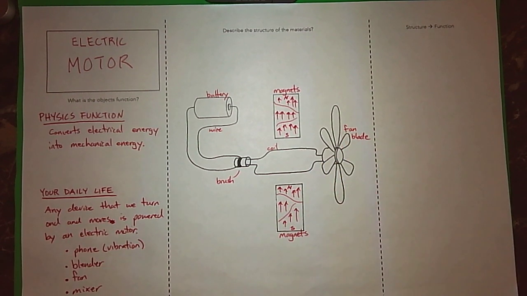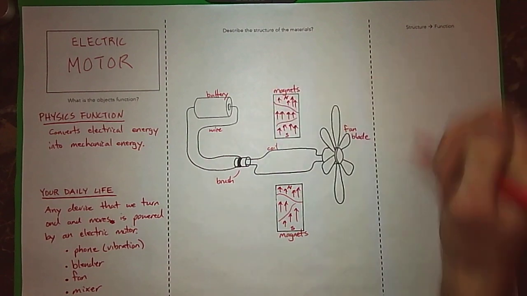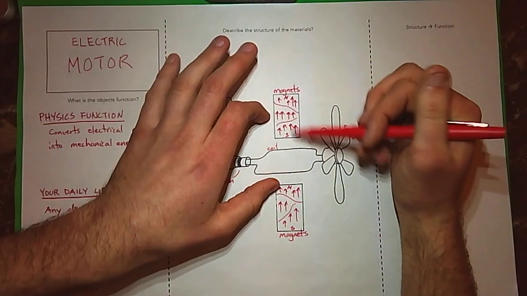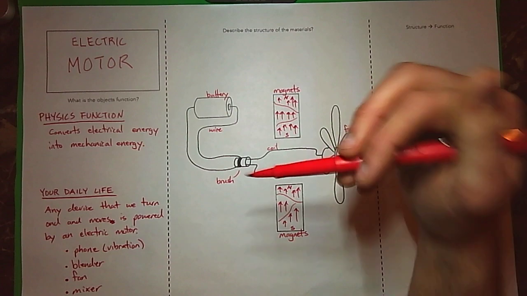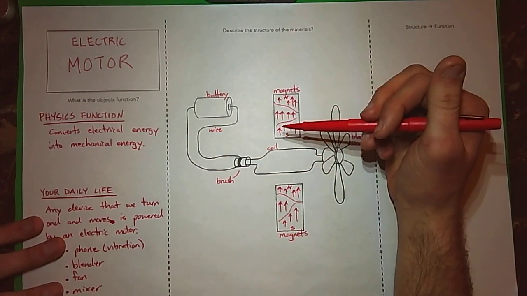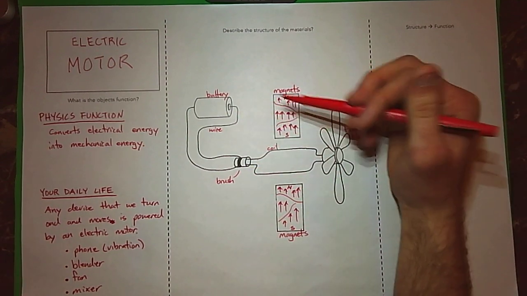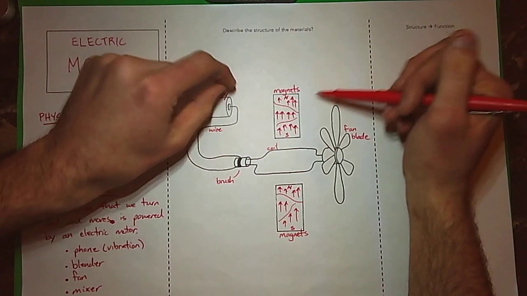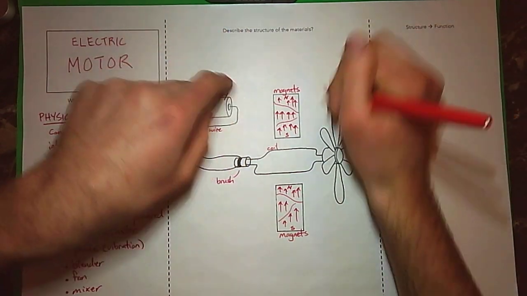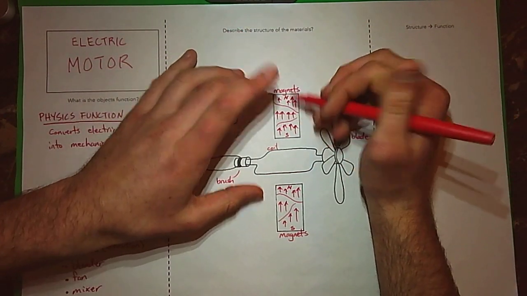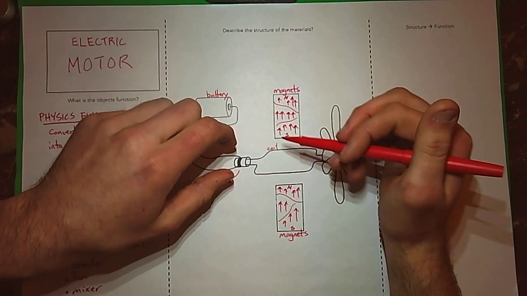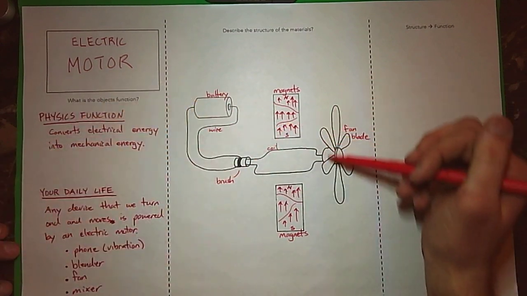Now, a big part of how this device is going to function is the magnetic field that these magnets produce. So I'm going to want to draw my magnetic field lines as well. In class, we make sure that the whole magnet has lines around it. But here we care more about getting to the function of our object, and really what matters is the magnetic field around the coil.